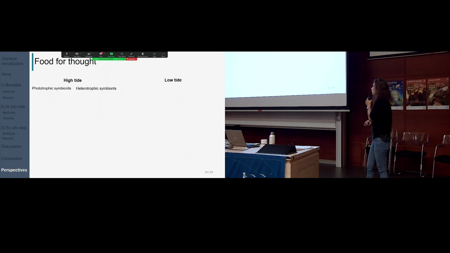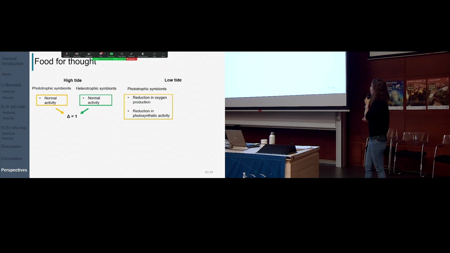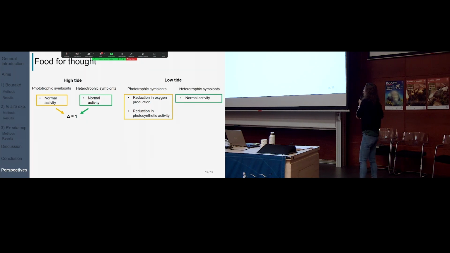So one hypothesis could be at the level of bacteria symbionts. They could be divided into phototrophic and heterotrophic symbionts, and both have normal activity during the high tide, then can provide the extra energy to the sponge to compensate for the respiration cost. While during the low tide, I show that the phototrophic symbionts are negatively affected, while heterotrophic symbionts show a normal activity.